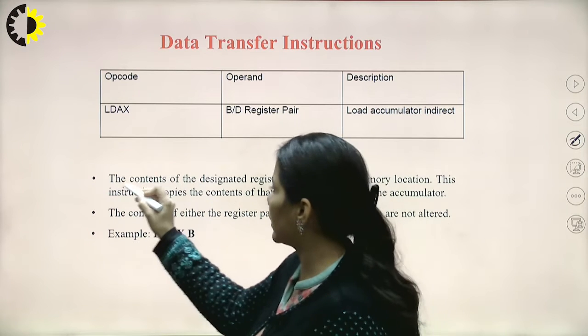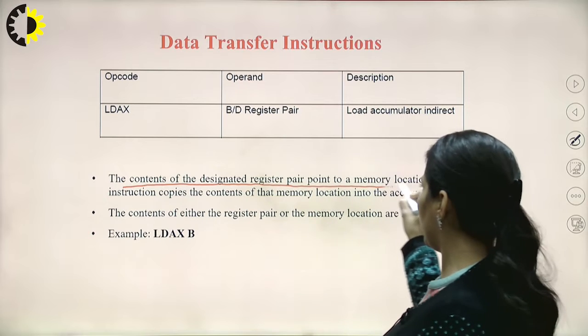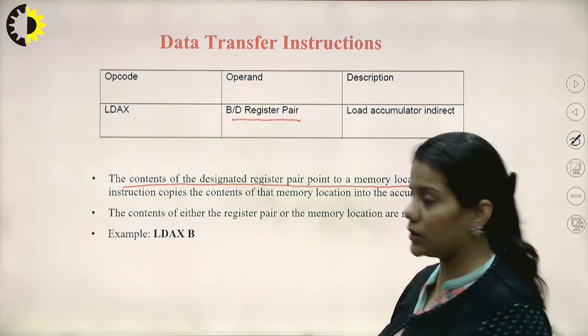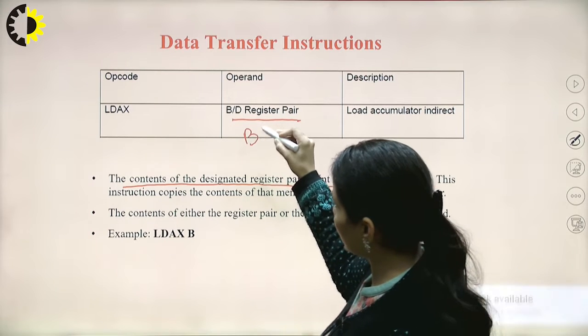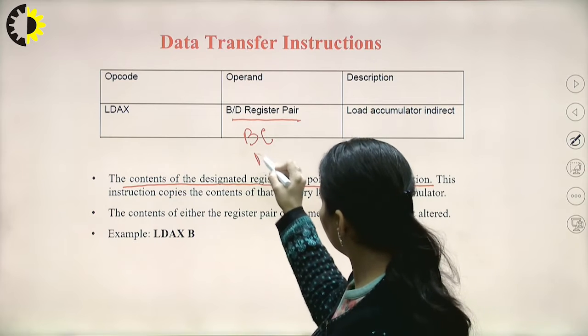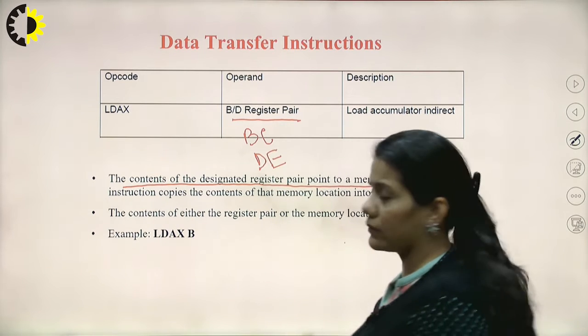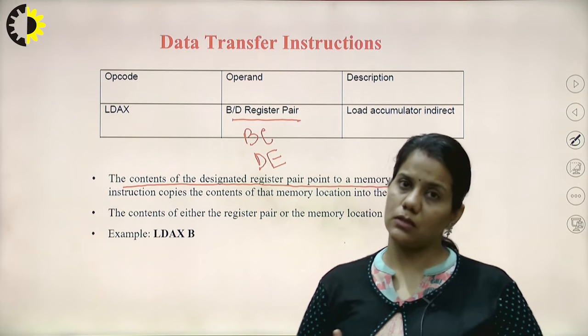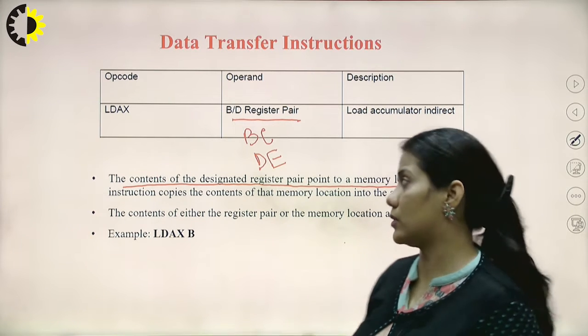So the contents of the destination register pair will point to the memory location. So this is the register pair. This register pair can be BC also or DE also. So we have the two options. The register pair can be the BC register pair or the DE register pair.